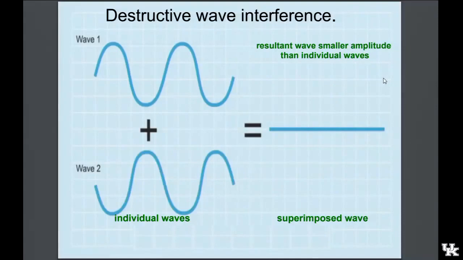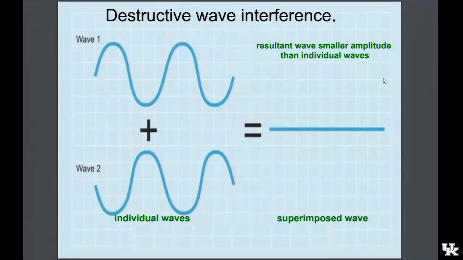This is destructive interference, kind of the opposite. Again, over here on the left, I'm picturing two waves. Wave number 1 upstairs, wave number 2 downstairs, and I'm imagining these two waves colliding or coalescing or superimposing with one another to make some resulting wave from that collision, that superposition.